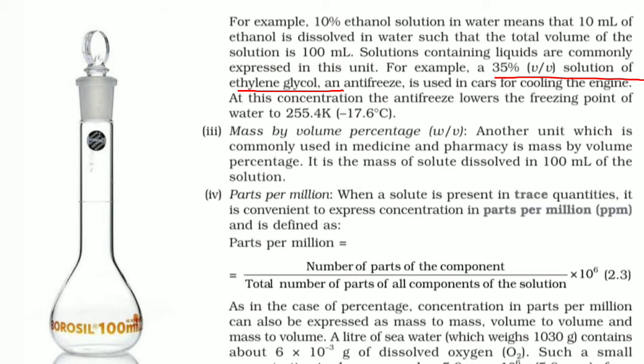Understand? And the last way of expression in which we use percentage is mass by volume percentage, which is represented as W by V, sometimes W by V percentage. This representation is used mainly in the pharmaceutical or medicinal industry, because by using this expression we can determine how much of some medicinal components will be present inside a particular solution.